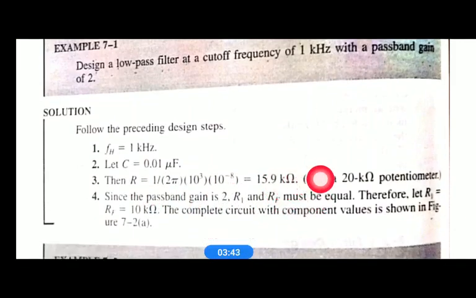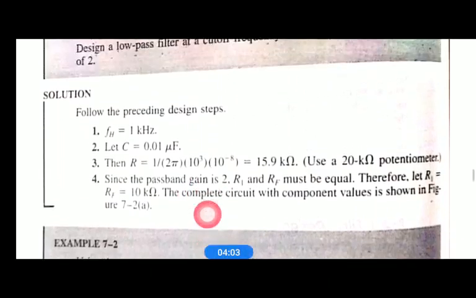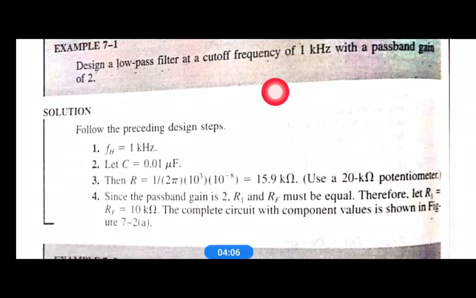Since 15.9 kilo ohm is not a standard resistor and is not available in the market, we use a potentiometer of 20 kilo ohm to adjust the resistor R value to 15.9 kilo ohm. Finally, we need a passband gain of 2, so we need to keep the gain AF as 2. To get a gain of 2, we select R1 equal to RF.